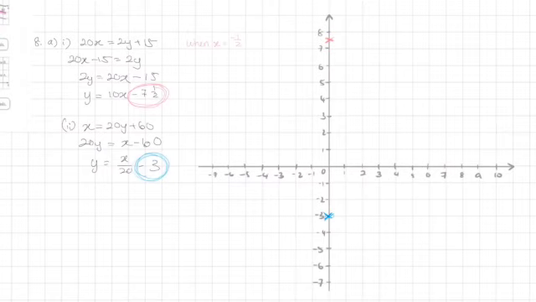y is equal to 10 multiplied by negative half minus 7.5. Negative 5. Oh, cannot. Negative 5 minus 7.5.